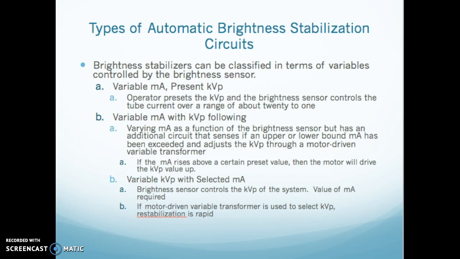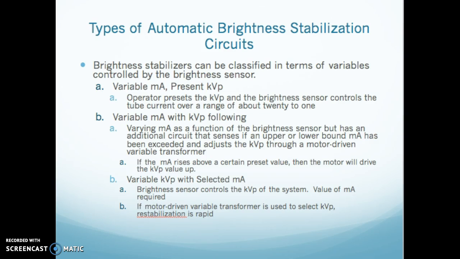So you have variable mA with kVp following, so varying mA as the fluctuation of the brightness sensor, but has an additional circuit that senses if the upper or lower bounds of mA has been exceeded and adjusts the kVp through a motor-driven variable transformer. So if the mA rises above a certain preset value, then the motor drives the kVp value up.